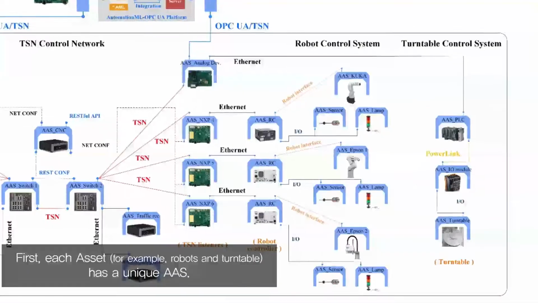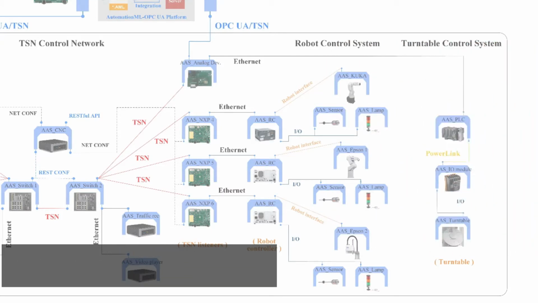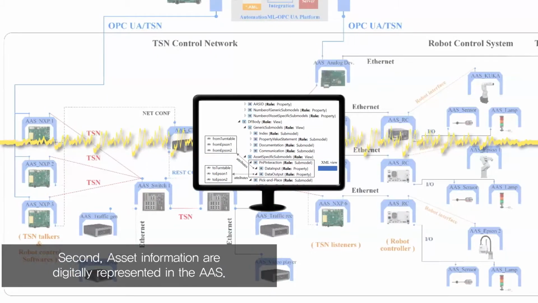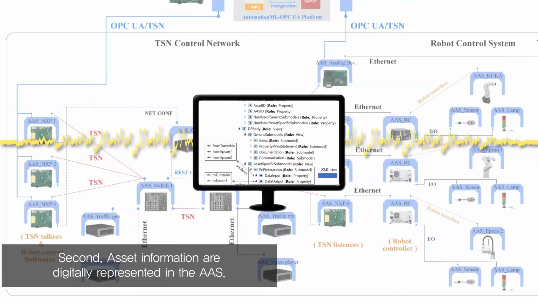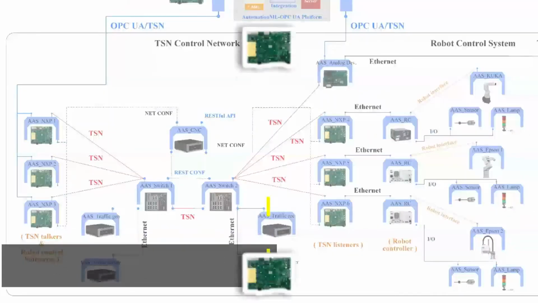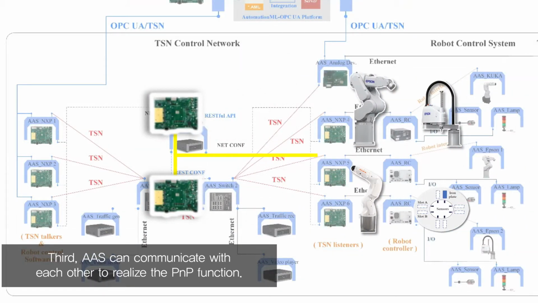First, each asset, for example, robots and turntable, has a unique AAS. Second, asset information is digitally represented in the AAS. Third, AAS can communicate with each other to realize the PnP function.